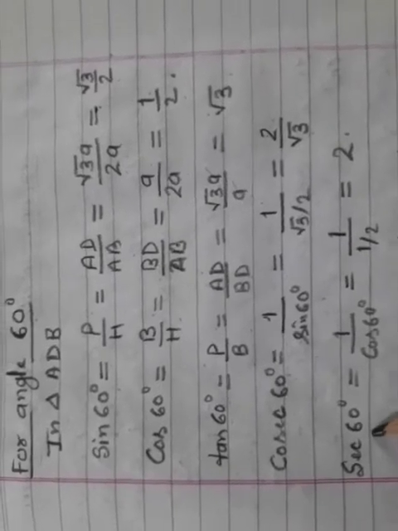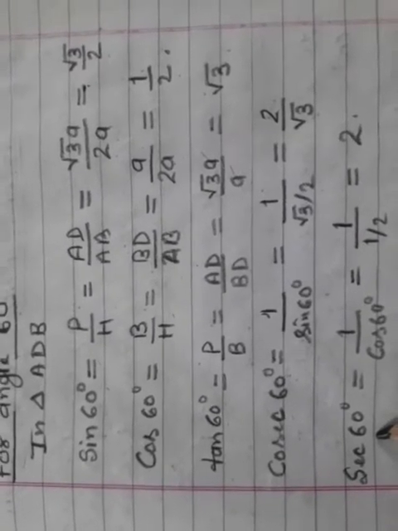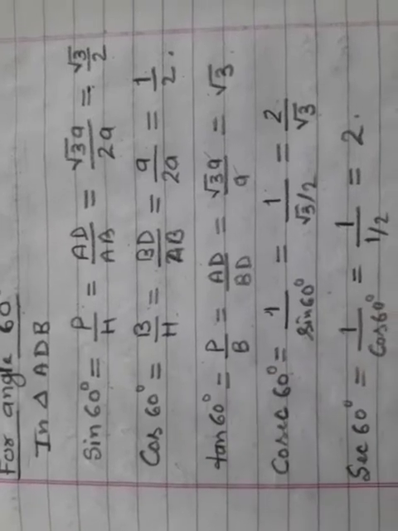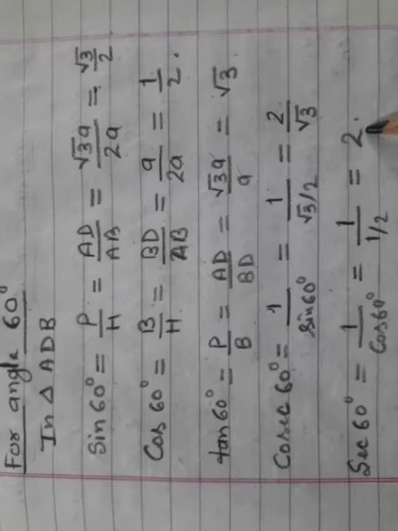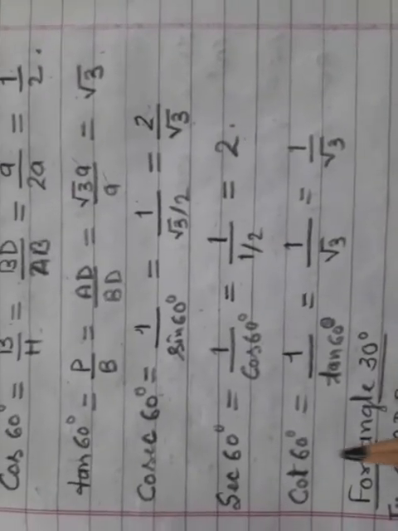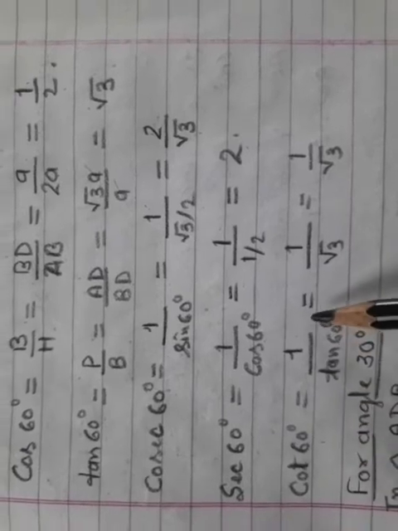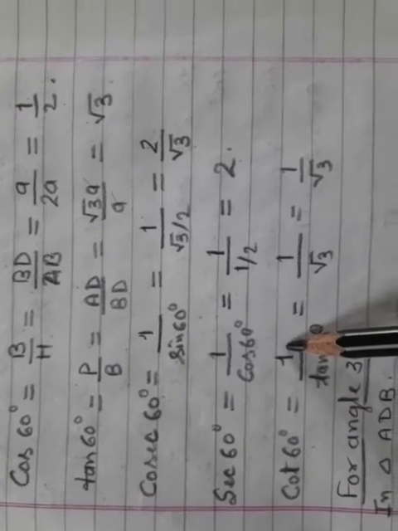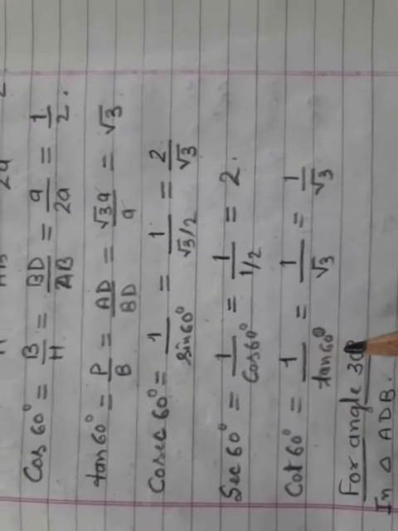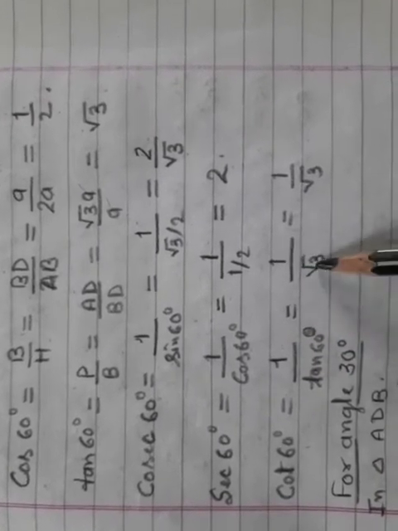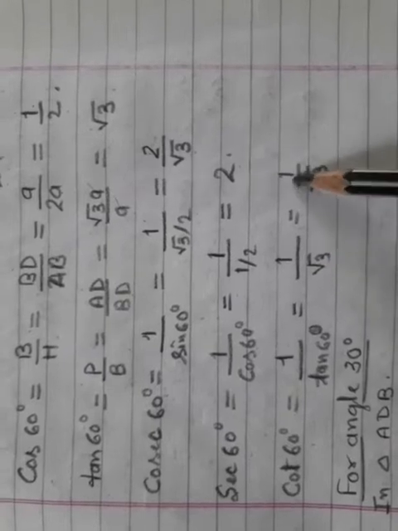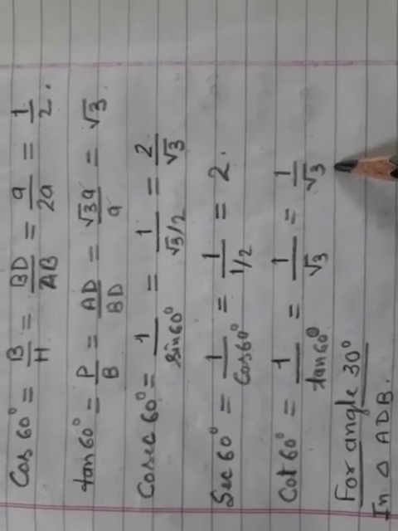Similarly, sec 60 degrees is the reciprocal of cos 60 degrees, so 1 upon 1 by 2, this is 2. Clear? Now cot 60 degrees is the reciprocal of tan 60. So 1 upon under root 3, this one is 1 by under root 3.